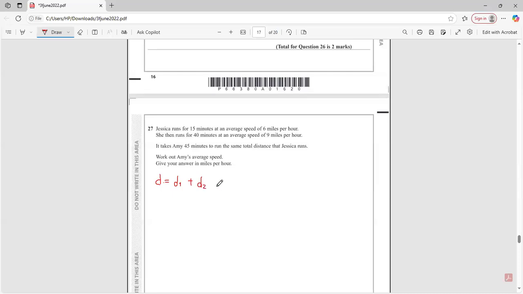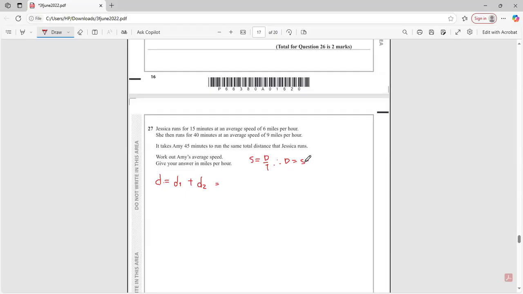Okay. So D1 is the distance that Jessica ran for the first 15 minutes. Let me just remind us that speed is equal to distance over time. So therefore, distance will be equal to what? Speed times time, isn't it?